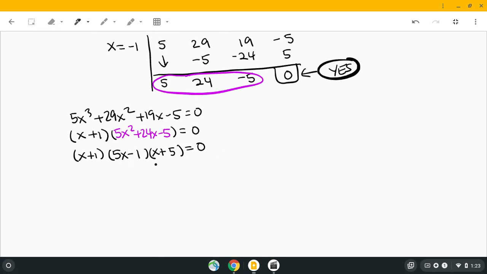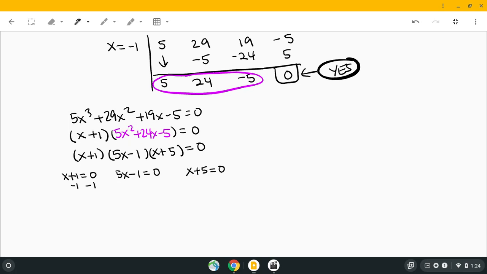Once you have the 3 factors, then you can get all the 3 solutions. You just take each factor, x plus 1, set it equal to 0. Take this factor, set it equal to 0, and take this last factor, x plus 5, and set it equal to 0. And then solve each one.